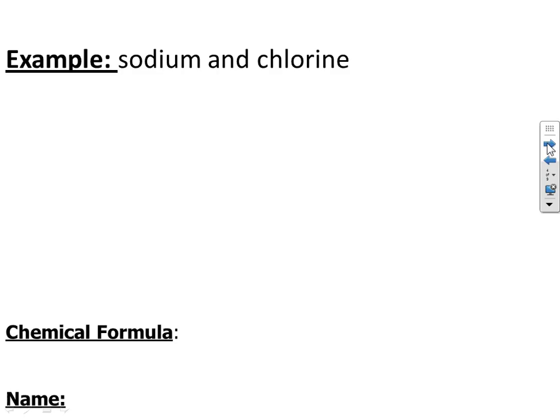Okay, so let's take a look at some examples here. Again, I'm just going to run through a few of them, and it's going to be fairly quick. So pause right now if you'd like to get all set up. Example: sodium and chloride, chemical formula, name. Once you've got that done, then you can continue, and I will continue with the example.